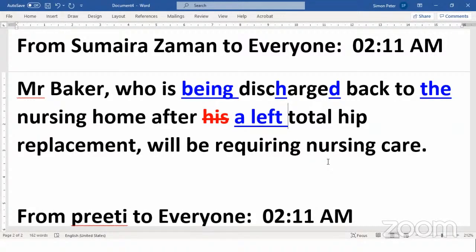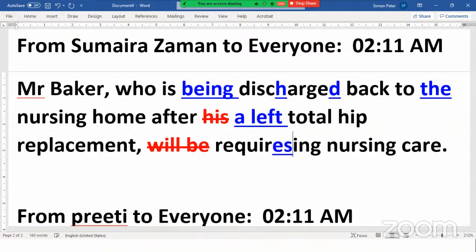So, see the way how it is constructed, the mistakes, how they are corrected. Okay, so write down your responses. Will be means only future. Requires, always.